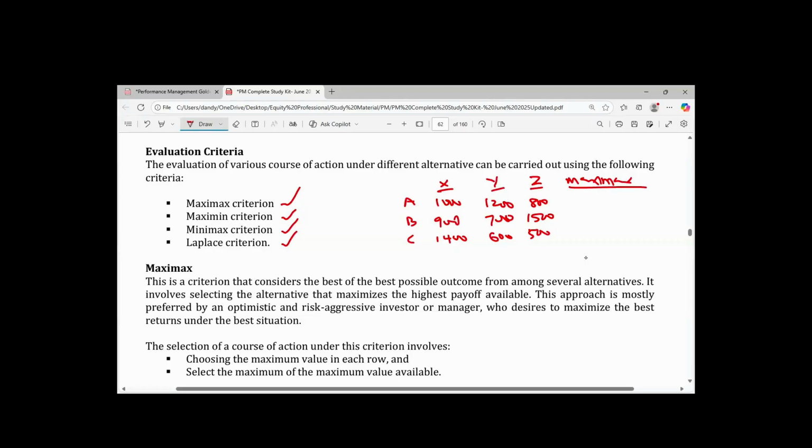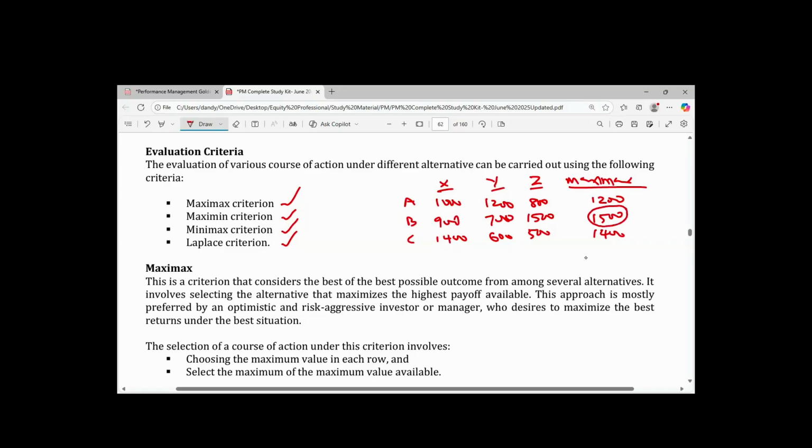So I will select maximum 1,200. In the second row, the highest value is 1,500. In the third row, the highest value is 1,400. The second step is to choose the highest of the highest values. In this case, I would select 1,500.